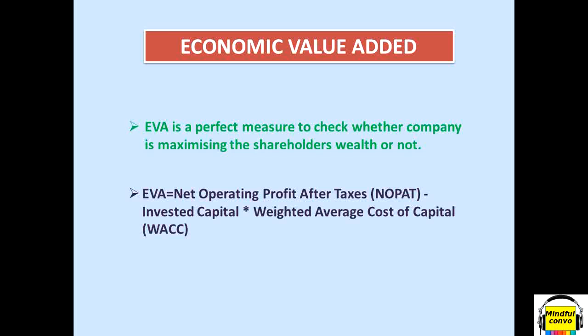You will be given an operating profit, and from that you have to adjust some expenses and some other incomes, and after that you will reach net operating profit. But these profits will be before tax, so you have to make some tax adjustments, and from that you deduct the invested capital, or you can say the capital employed, multiplied by the weighted average cost of capital.